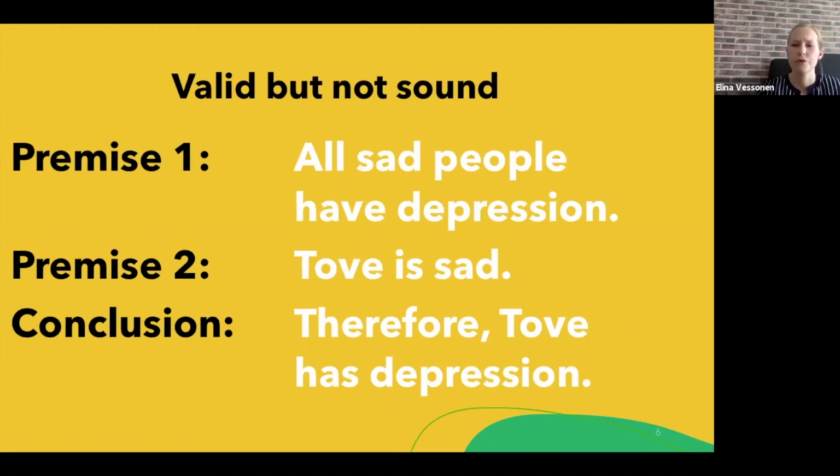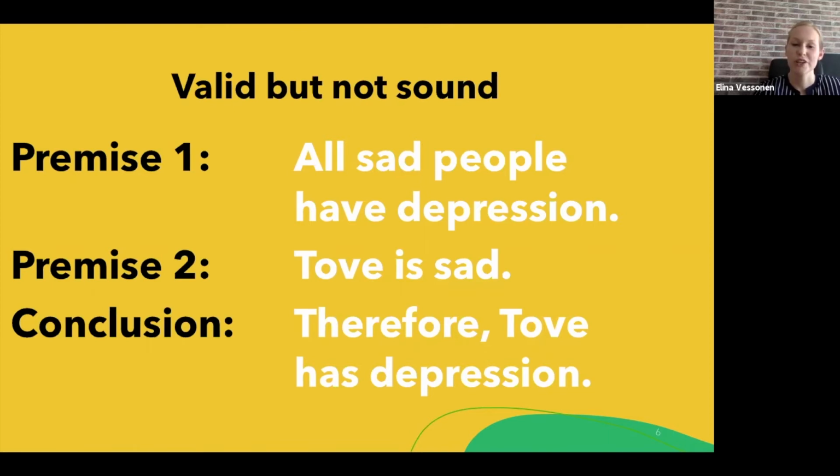Now, it's important to know this, though, that we need to have reason to assume that the premises are true in order for us to have reason to believe the truth of the conclusion as well. So let's take a look at this argument then. Here, premise 1 is all sad people have depression. Premise 2 is that Tove is sad.